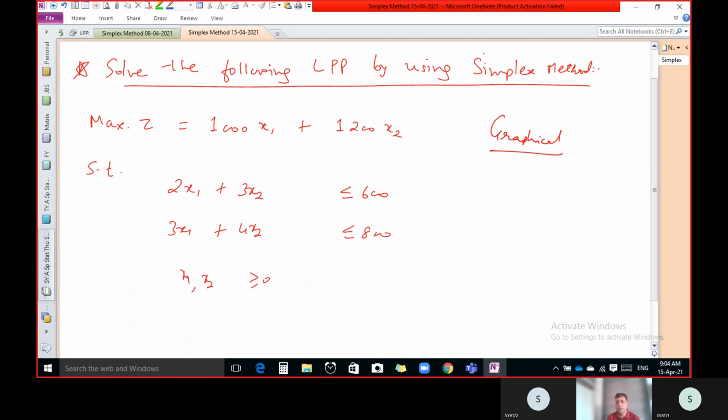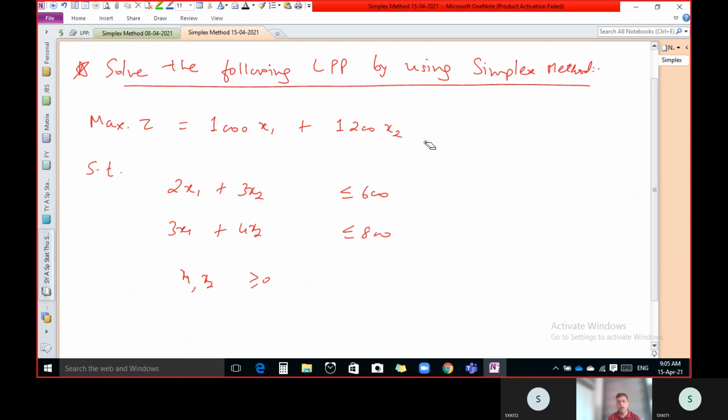You can use simplex method to solve this problem also. Here in the question it is given to solve using simplex method. So if you apply graphical method, even though you will get the correct answer, you will not get the marks. Reason, it is clearly given that use the simplex method.